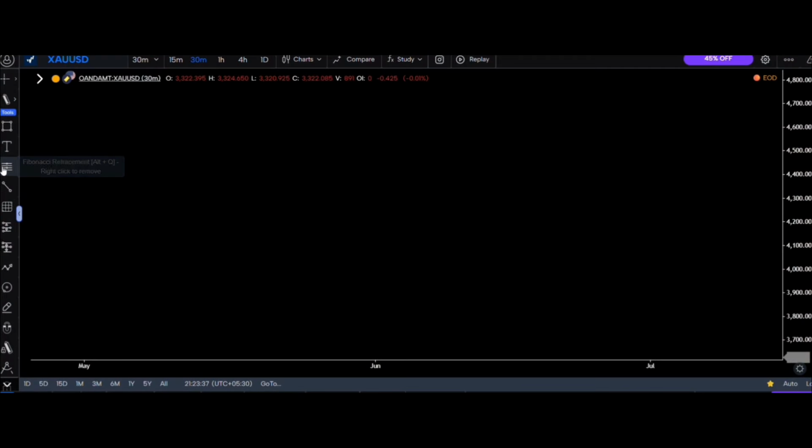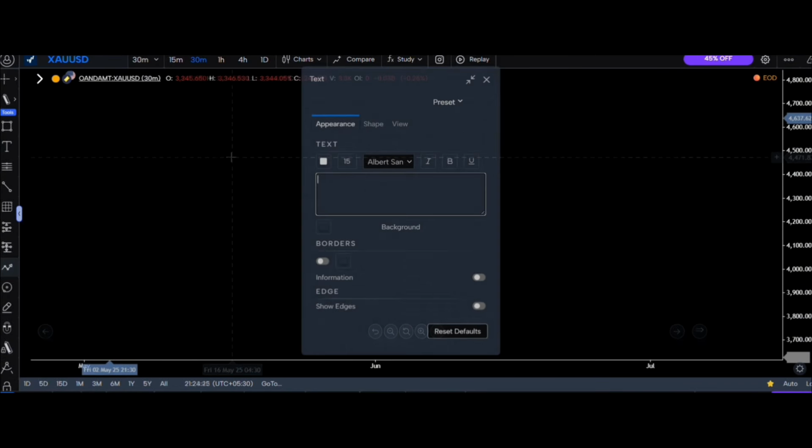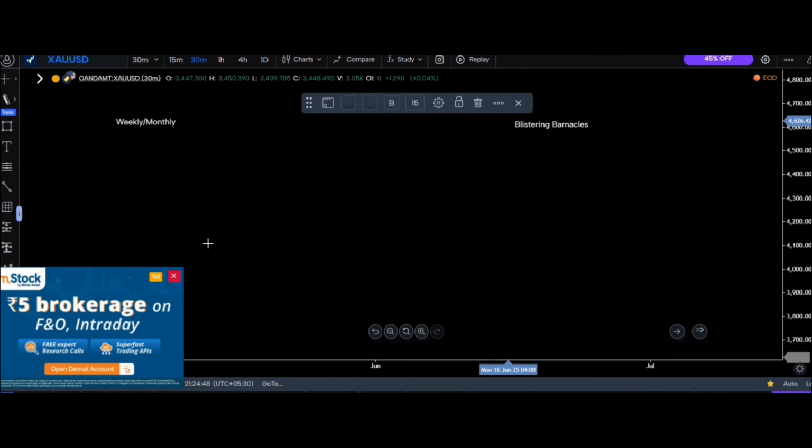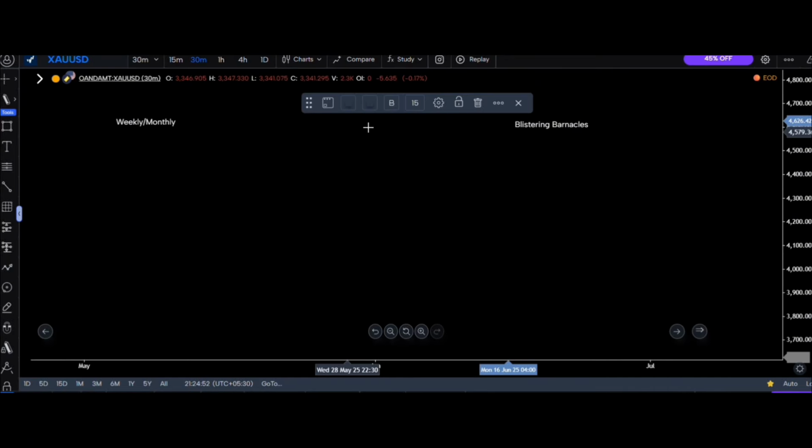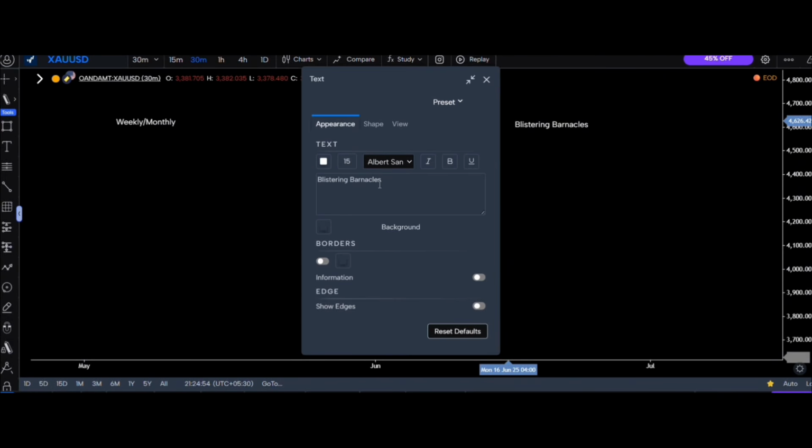Fine. Now I'll show you how the market moves in different time frames. We can put weekly, monthly, and here we put the daily and 4 hour time frame.